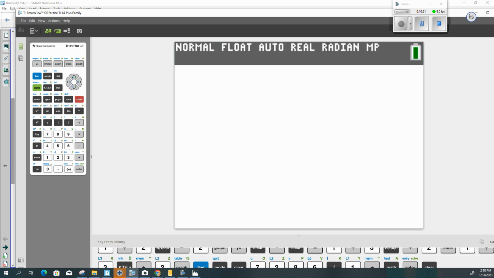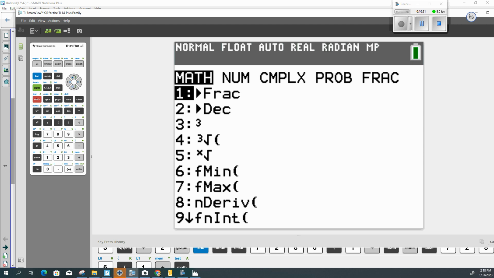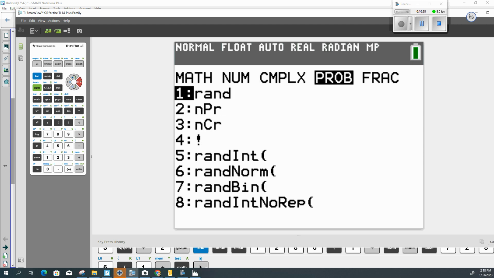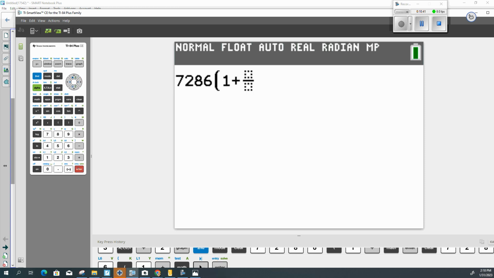I don't even know how to do it on this one. I'll have to fiddle around with it for a sec. There we go. Does anyone have a calculator like mine that doesn't have the green fraction button?